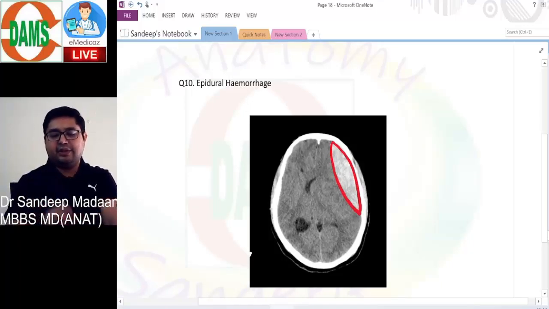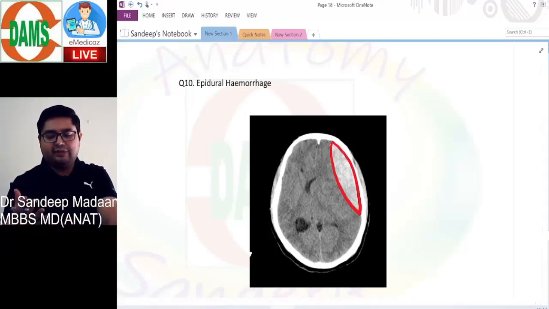This is a typical feature of the epidural hemorrhage, right? Other radiological features must have been discussed in the radiology classes. But what I want you to understand is the anatomical part here, right?